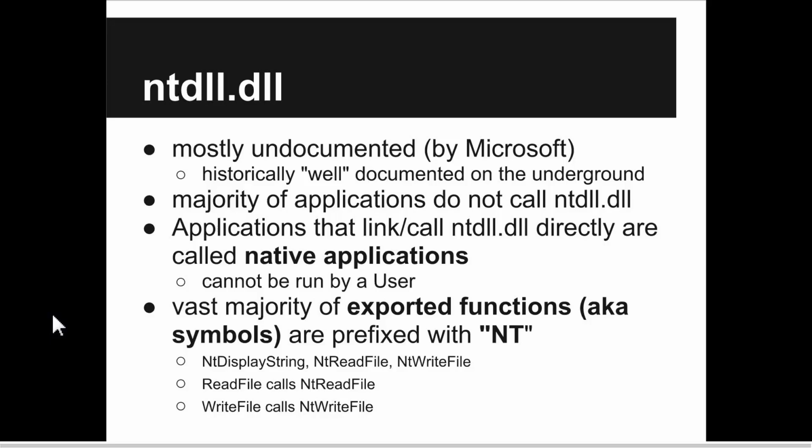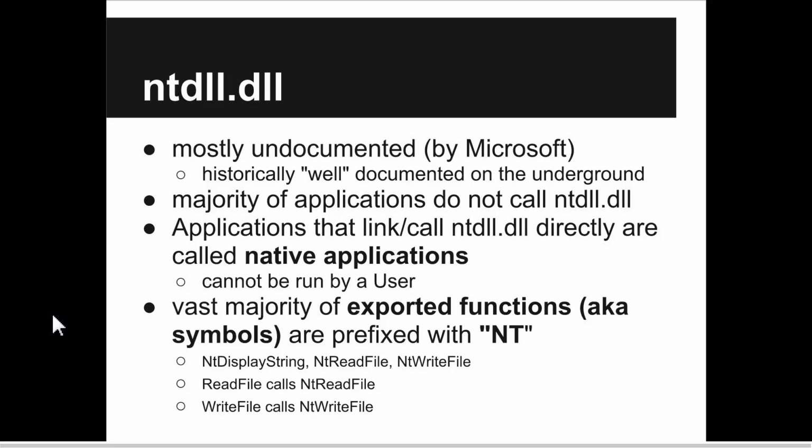So the vast majority of exported functions by NTDLL's API are prefixed with Nt. So you have NtDisplayString, NtReadFile, and NtWriteFile. The Win32 API function ReadFile calls NTDLL's function NtReadFile.